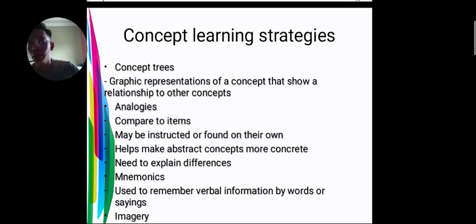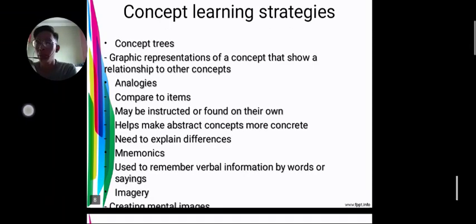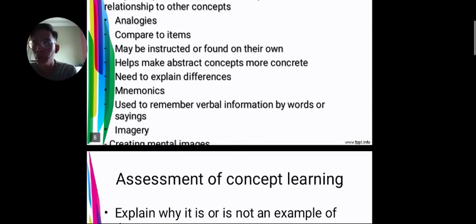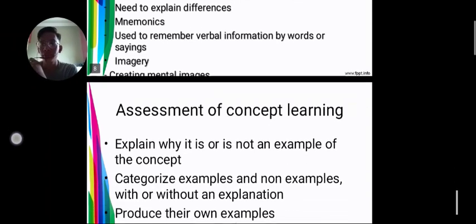And mnemonics help remember verbal information by words, sayings, imagery, and certain mental images.